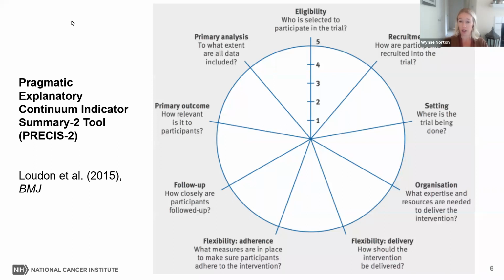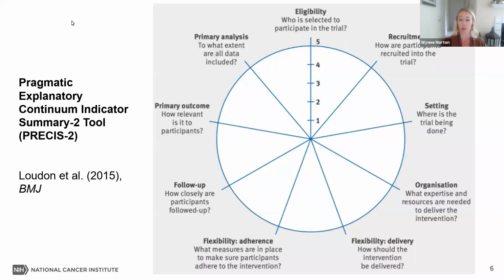So you see the wheel here with 9 different domains. A score of 1, closer to the inner circle there, indicates that the planning for the trial for that particular domain is more explanatory, whereas a score of 5 would be more pragmatic.